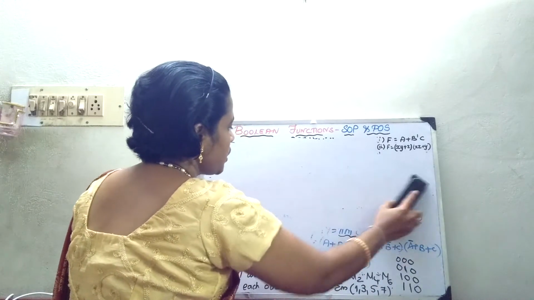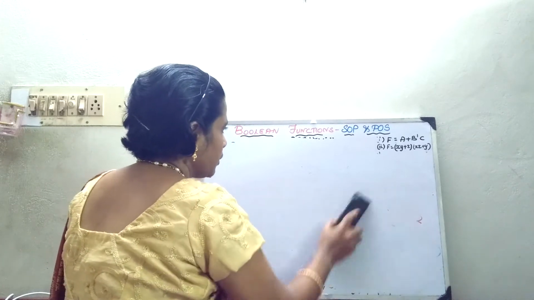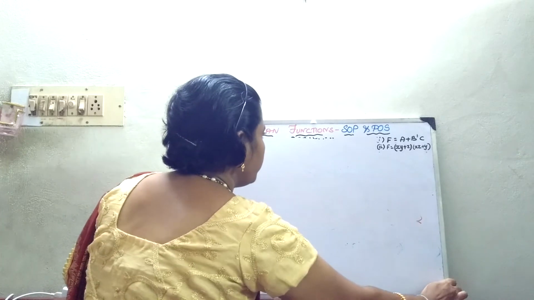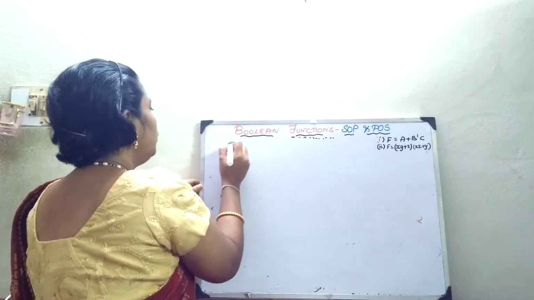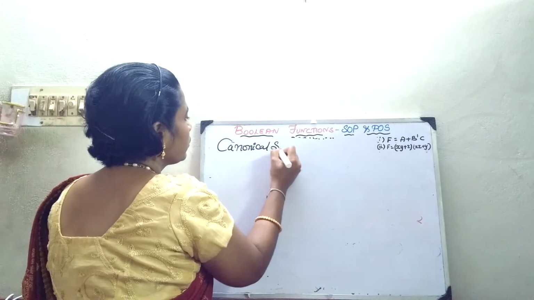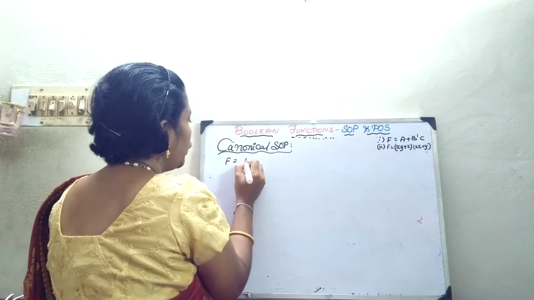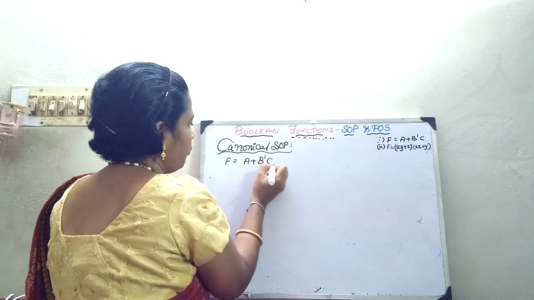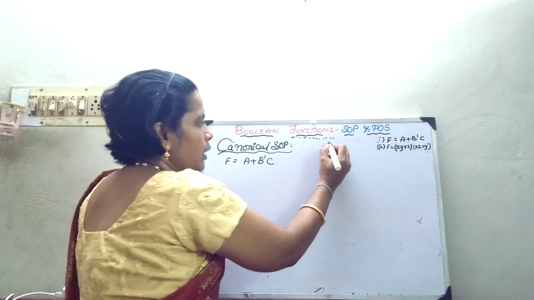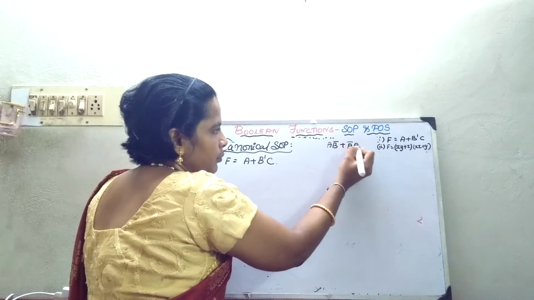So first expression we will do in terms of SOP, and the next expression is in terms of POS. So F is equal to A plus B bar C. Okay. So in the last expression, so what we have seen? I am taking any expression I can take. Okay.